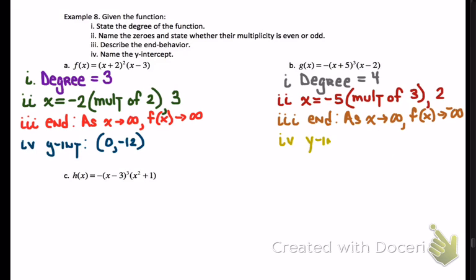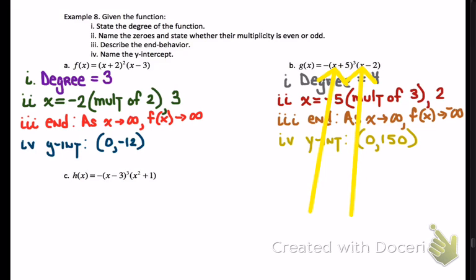And last one, y-intercept, again, plug in 0. Wherever you see an x, plug in 0 there, plug in 0 there. 0 plus 5 is 5. 5 cubed is 125. 0 minus 2 is negative 2. 125 times negative 2 is actually negative 250, not 150.